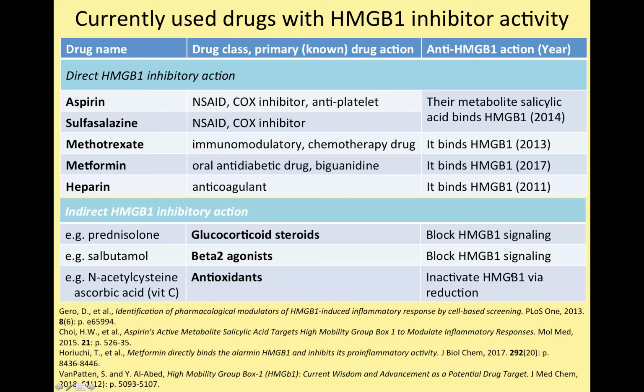So these will also work against HMGB and the early step of the inflammatory process. The even stranger thing is that simple antioxidant drugs like vitamin C and N-acetylcysteine, which are commonly used, can inactivate HMGB because the fully reduced form of HMGB is just as much inactive.